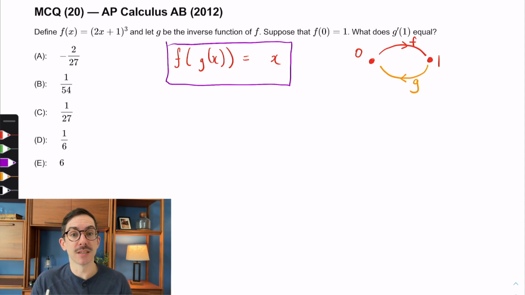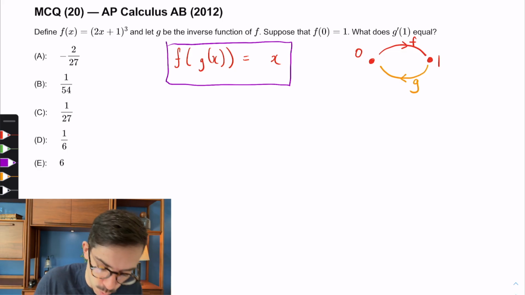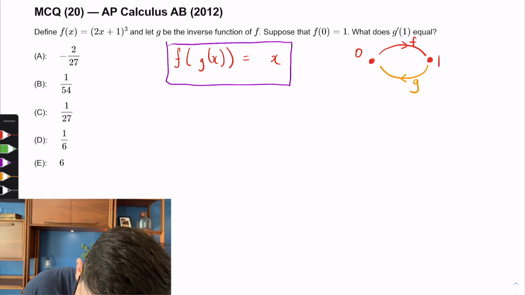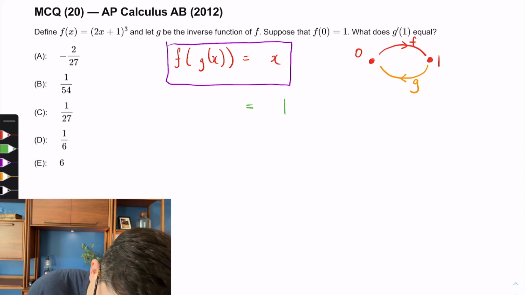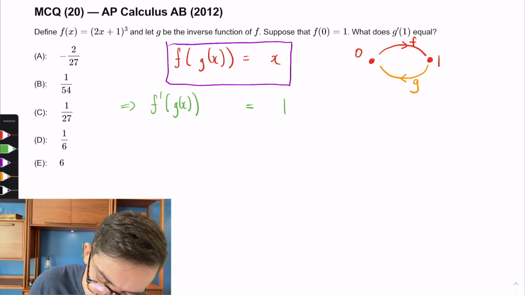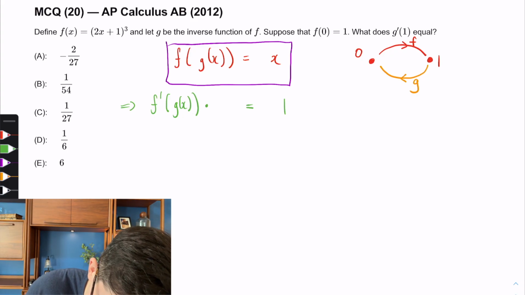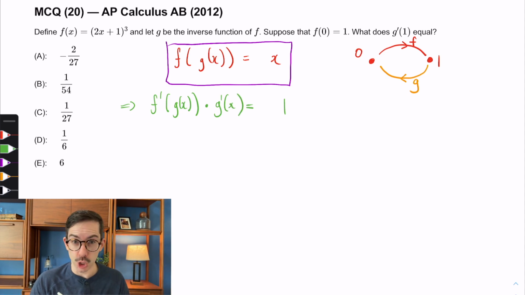So what I can do to this equation is differentiate both sides with respect to x. The right-hand side, x just differentiates to 1. That's nice and easy. The left-hand side is a composite function, so I can differentiate it using the chain rule. The chain rule tells me I take the derivative of the outer function f, evaluated at the inner function, and I multiply it by the derivative of the inner function g, evaluated at x.